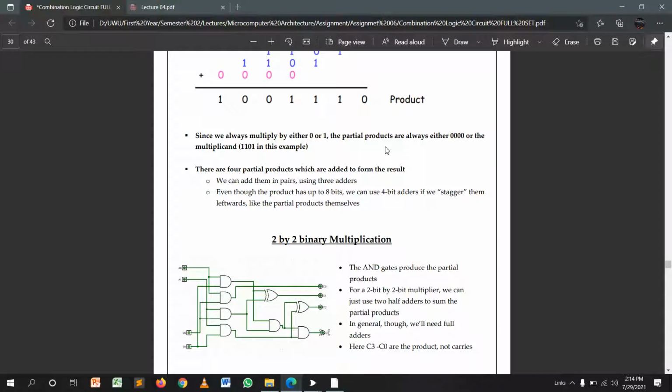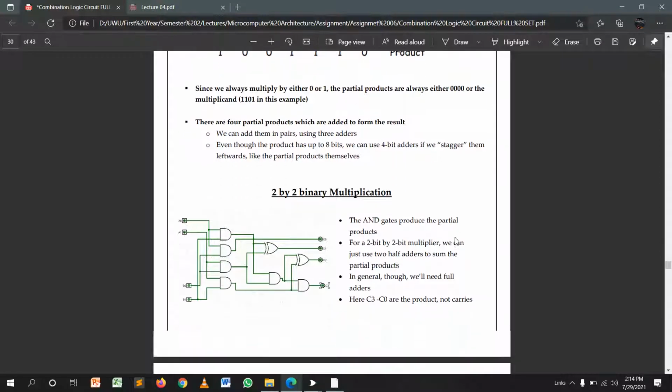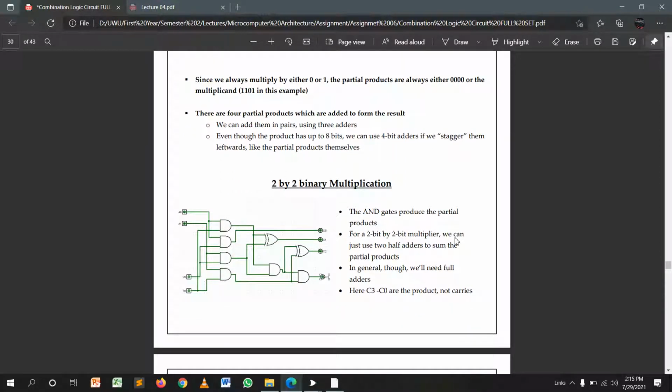Since we always multiply by either 1 or 0, partial products are always either 0 0 0 0 or the multiplicand value. There are four partial products which are added to get the result. We can add the partial products using adders, and the product has 8 bits with 4-bit adders.